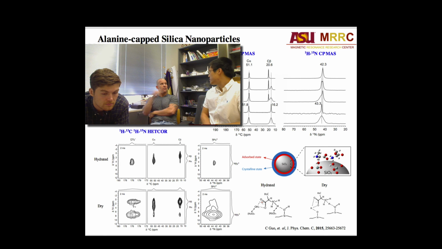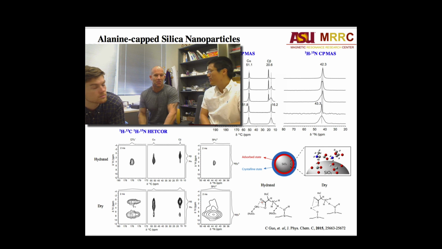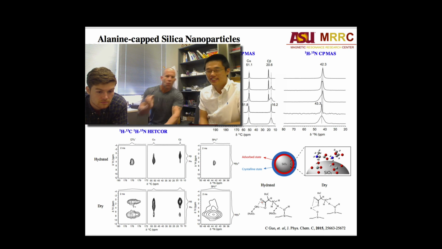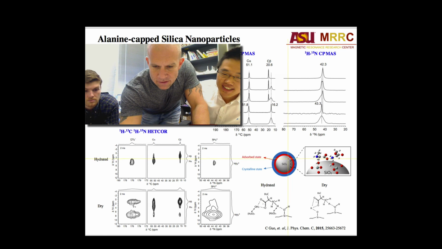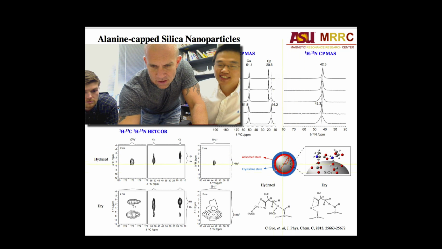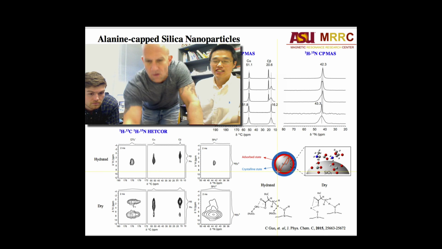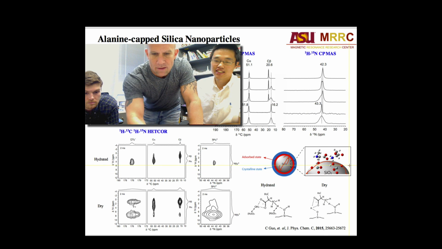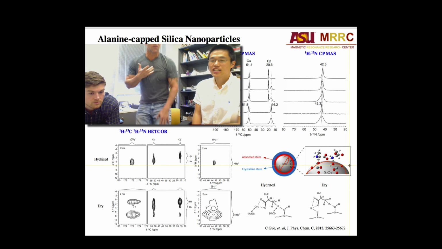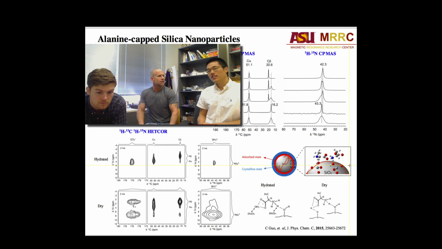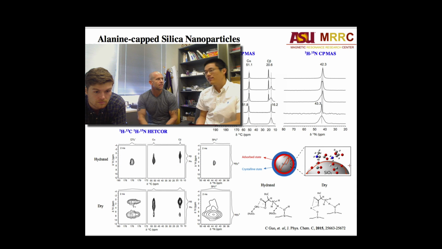So is this C13, N15? C13, N15 double label. So basically per C13, N15 labeled amino acids that you're putting onto these. And this is your silica nanoparticle, you're kind of cartooning here. What size of nanoparticles are you binding these to? The average size is about 7 nanometers.